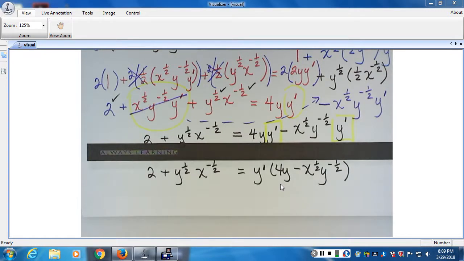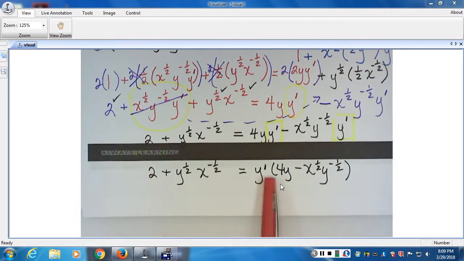So now I've got an equation where there's no y primes over here. I factored out y prime over here, and I can get it by itself.